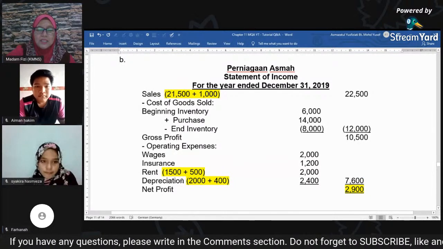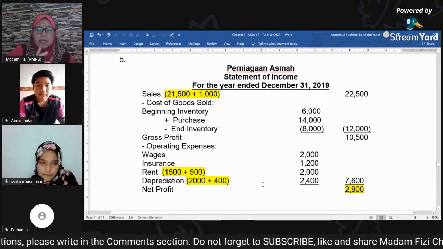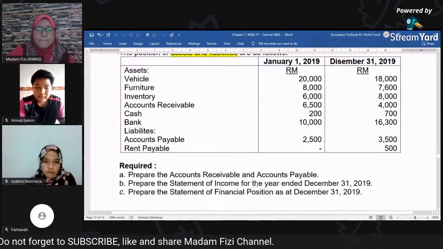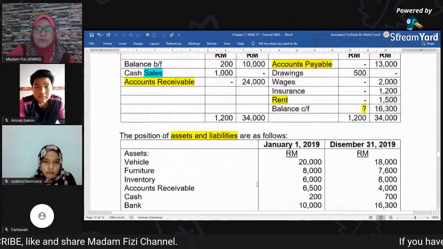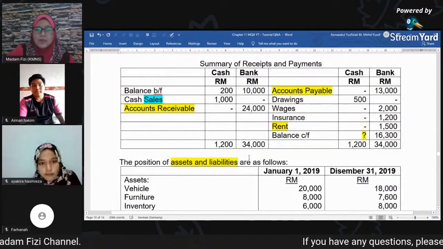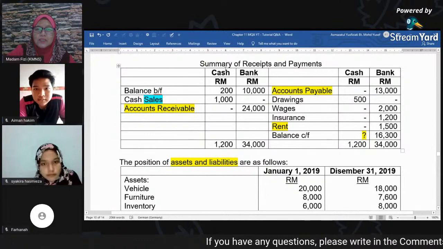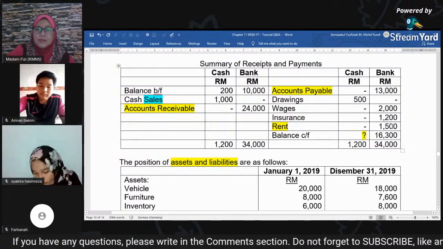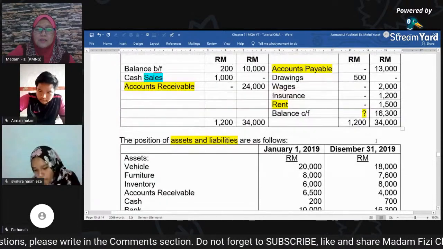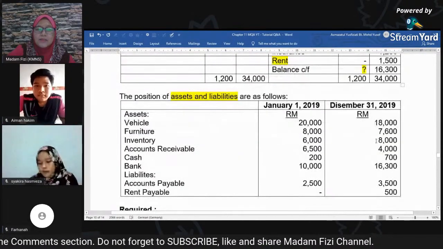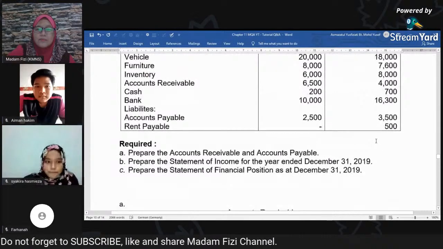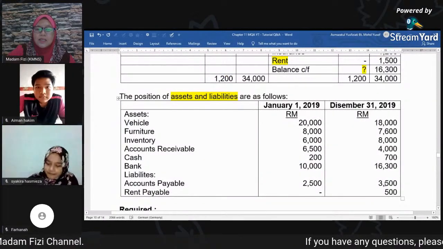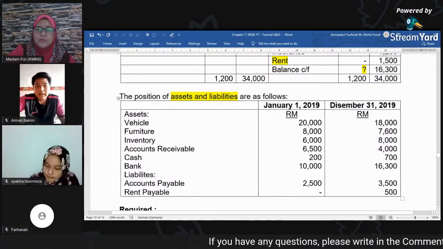And depreciation you plus, okay, we look at the question again. This one is for rent just now. Rent 1,500 we paid bank, and then mana lagi? Okay, the balance of rent payable is 500.